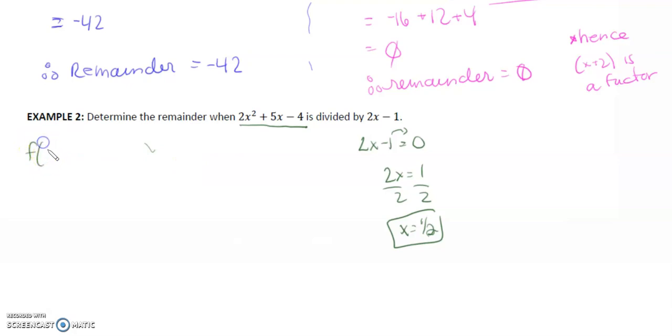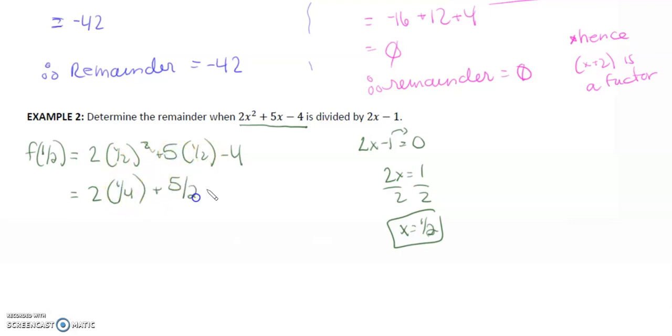So let's plug in f(1/2) equals 2 times (1/2) squared plus 5 times 1/2 minus 4. 2 times (1/2) squared is 1/4. 5 times 1/2 is 5/2, and then minus 4. You can do 5/2, or you can do 2.5 as well. It's up to you.